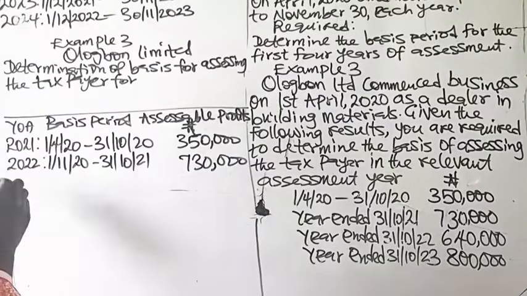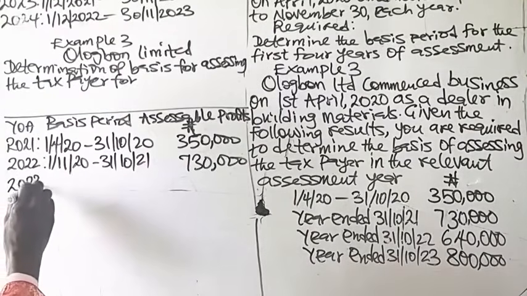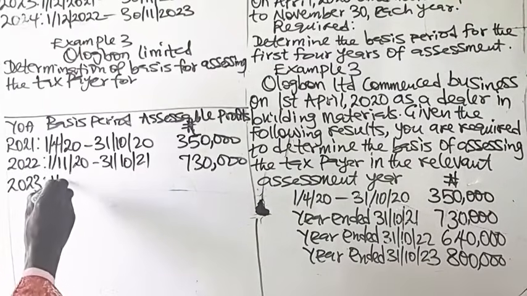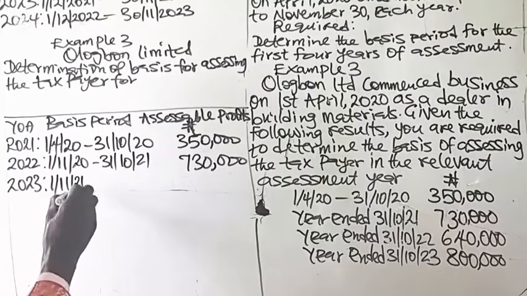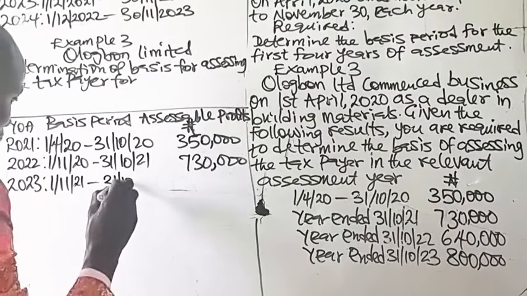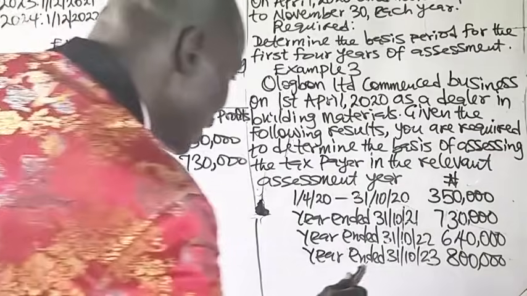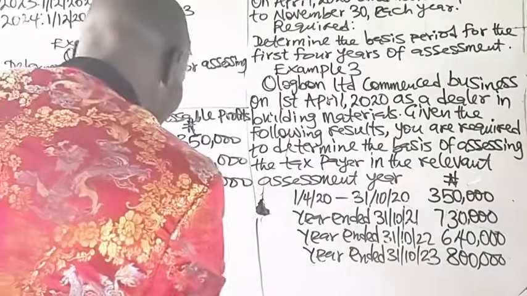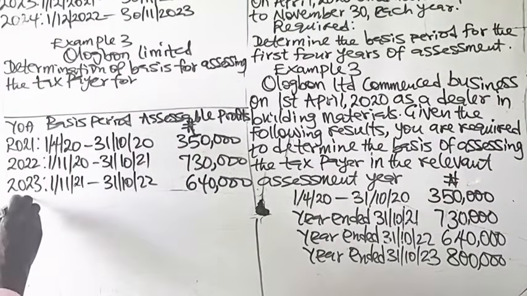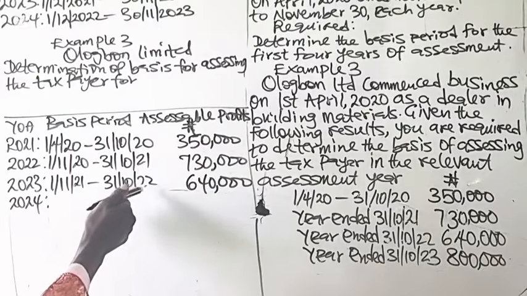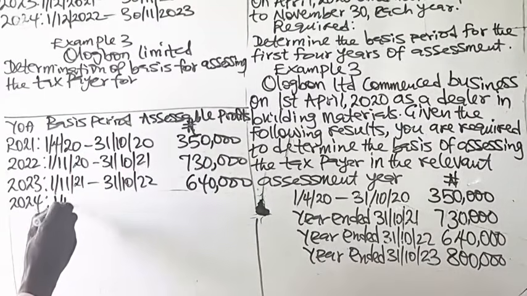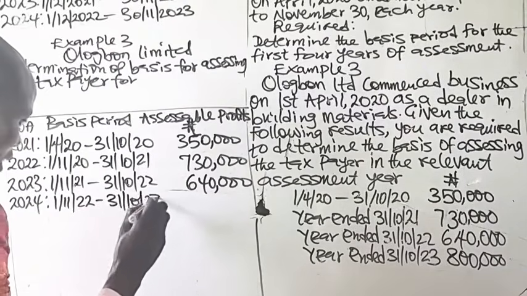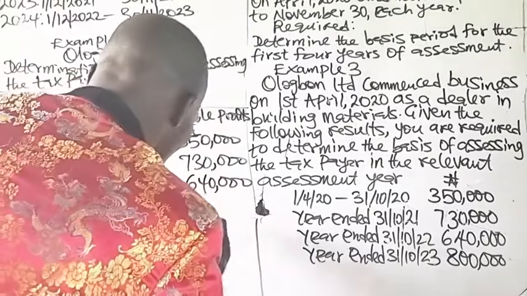Then 2023: after October 31st, 2021, you have 1st of November 2021 to 31st of October 2022, and the profit is given to be 640,000. Then 2024 year of assessment: after October 2022, you have 1st of November 2022 to 31st of October 2023, and that profit amounted to 800,000.